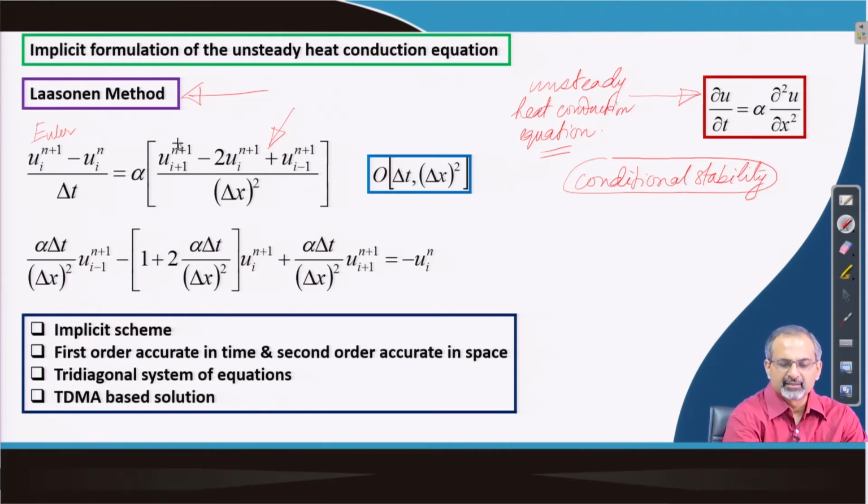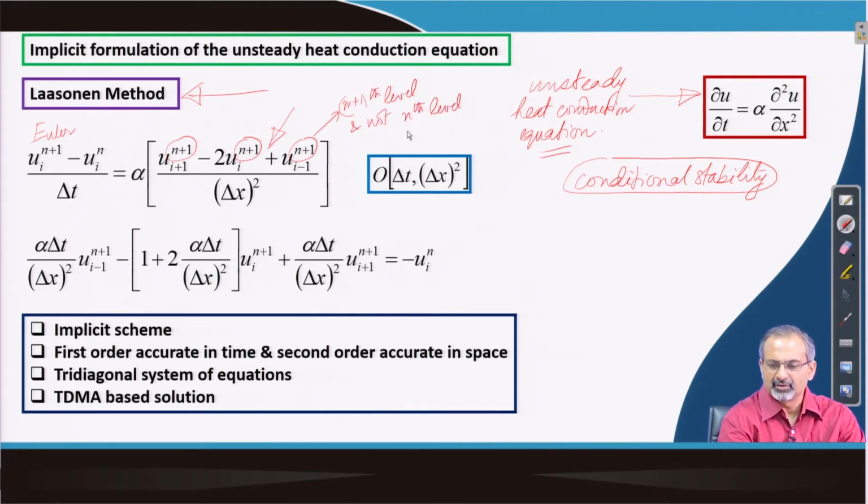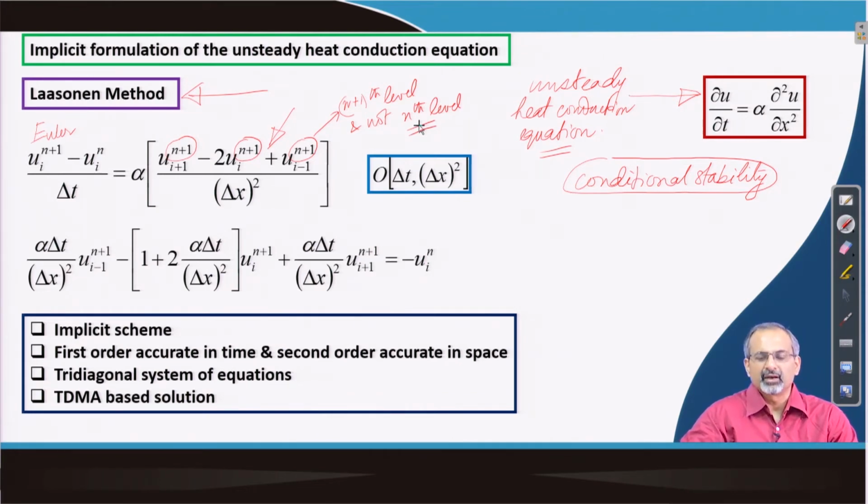But the interesting thing is that the time level of all these terms are at the n plus 1th level and not nth level. So, if it was nth level, that would have given you back the FTCS scheme, but here we are introducing a new scheme which is called the Laasonen scheme or the Laasonen method, and here we would like to keep these terms at the n plus 1th time level.